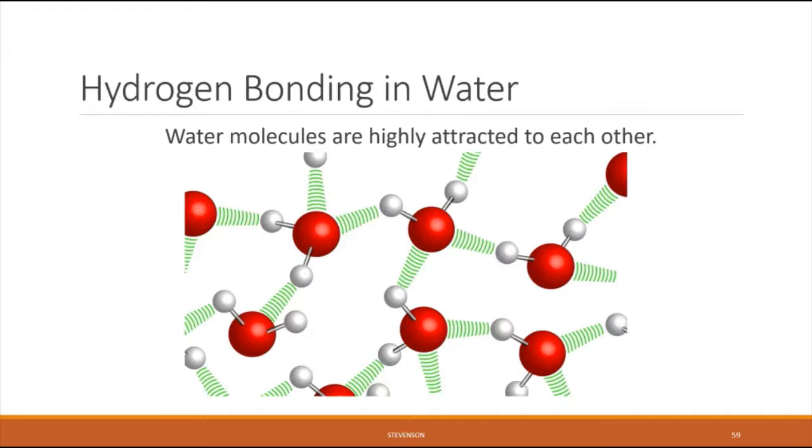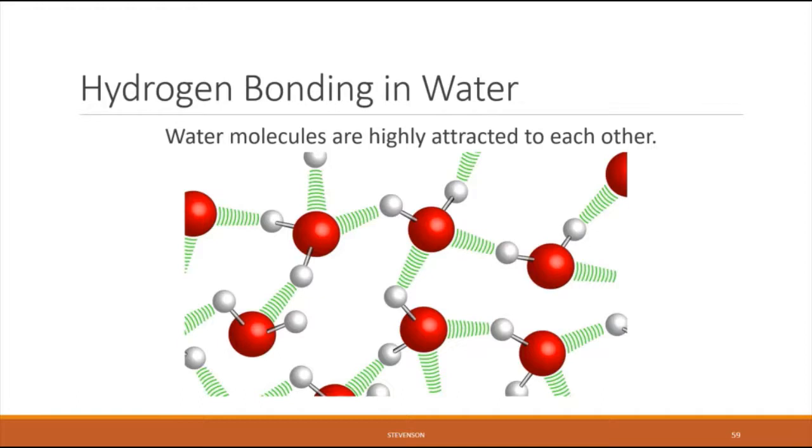Within any sample of water, there is this invisible network of attractions between separate molecules that makes them very tightly knit. And this tight-knit nature of water molecules actually gives water some important characteristics and properties that are not seen in other substances and that are essential for supporting life on Earth.